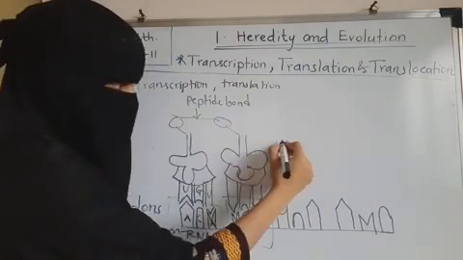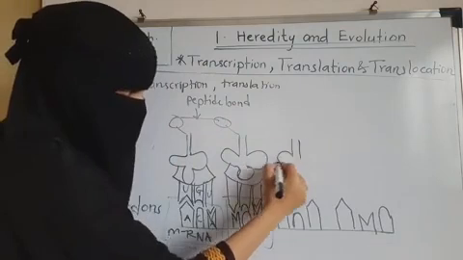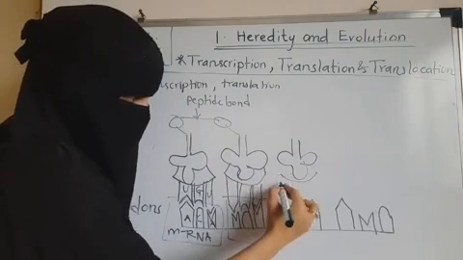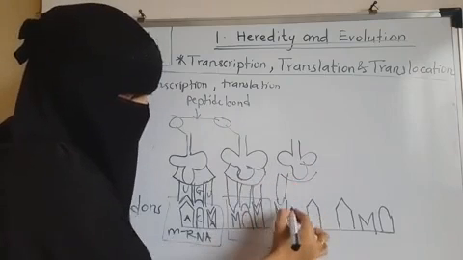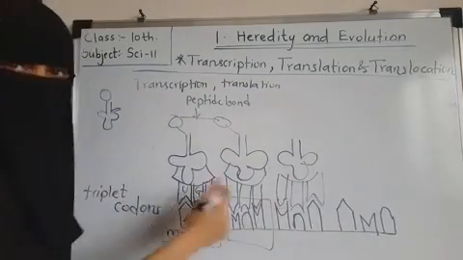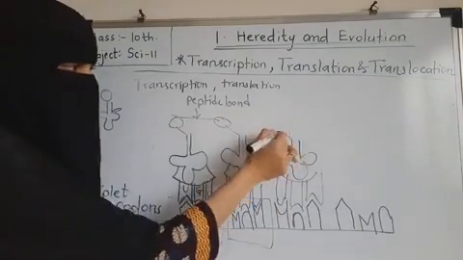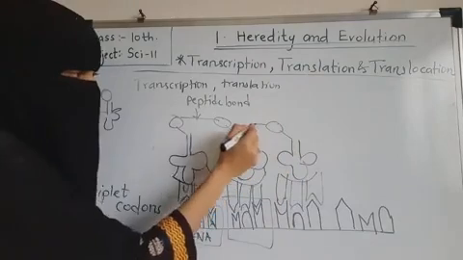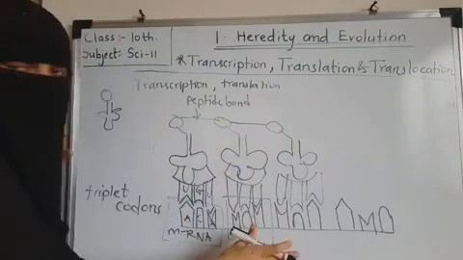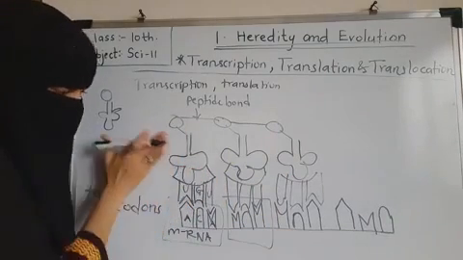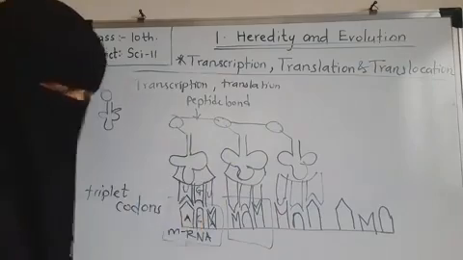Now comes the third one, and it also gets attached to its complementary codon, whatever the sequence may be. Okay. Now, when the third one comes and attaches to its complementary codon, the work of the first transfer RNA is over, right?